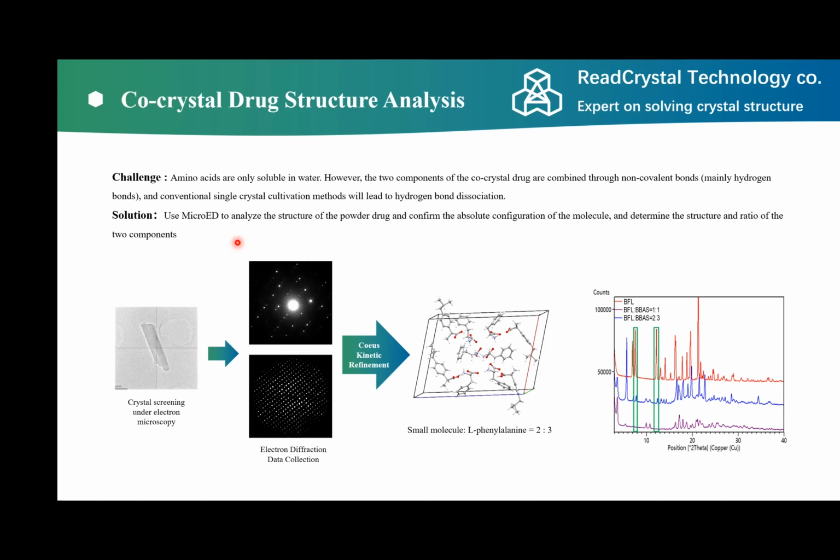So the efficacy of the drug doesn't change, but maybe we can improve the stability. Sometimes we change the solubility for some purpose. So co-crystallization is a very useful technique in drug solid state research.